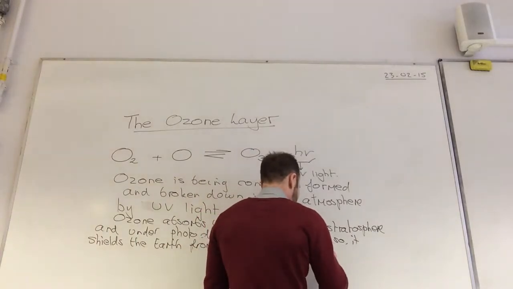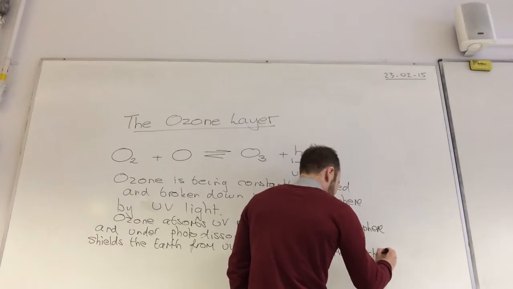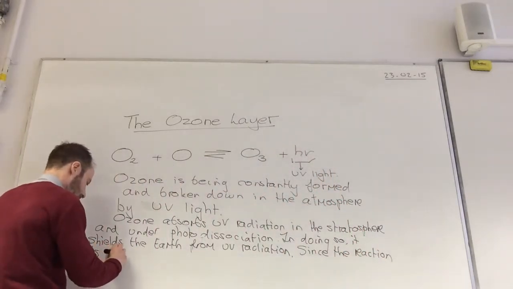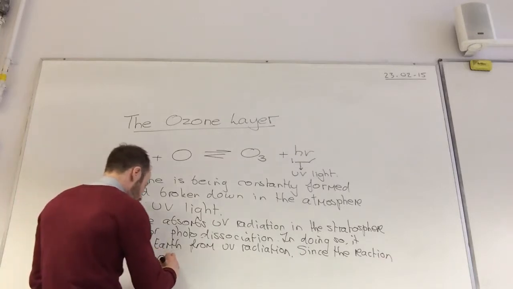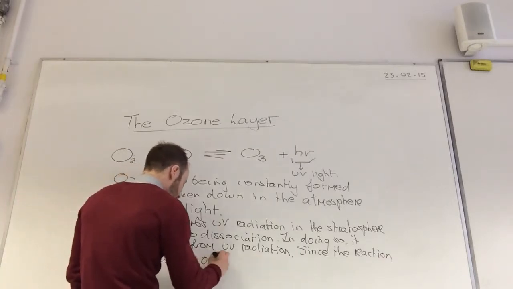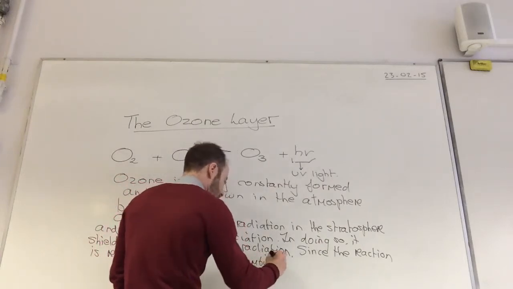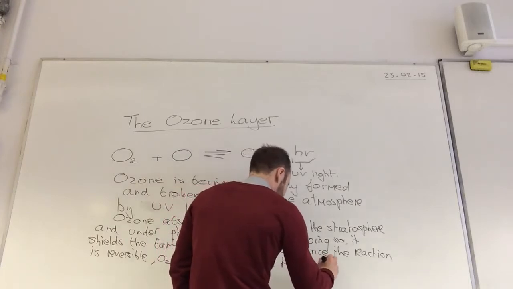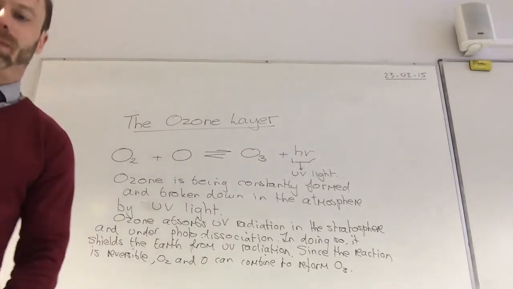Since the reaction is reversible, O2 and O can combine to reform O3. It keeps going back and forth.